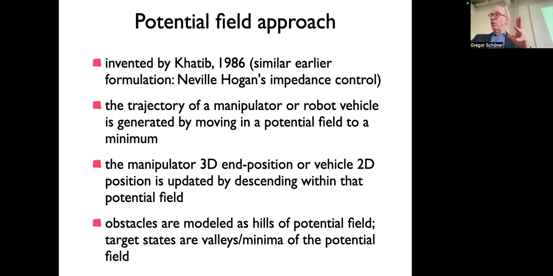So for every position in that space, you have a scalar variable we call a potential, analogous to electrical potential or potential energy. And that potential will be designed to be a continuous function of the spatial position, so you can compute its gradient. And the notion would be you go downhill in that potential.